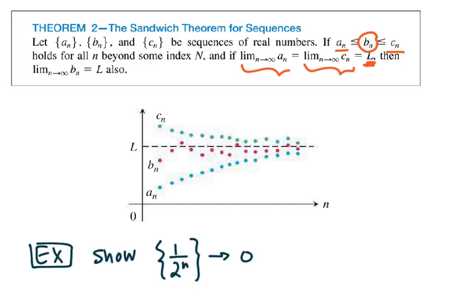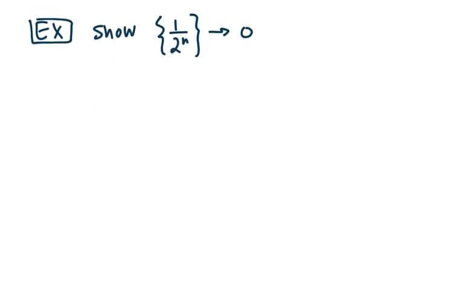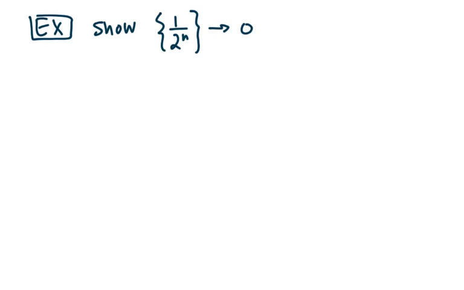So we're going to do a problem here. We're going to show that 1 over 2 to the n approaches 0. And one thing that we need to keep in mind that we know is that 1 over n approaches 0, right?